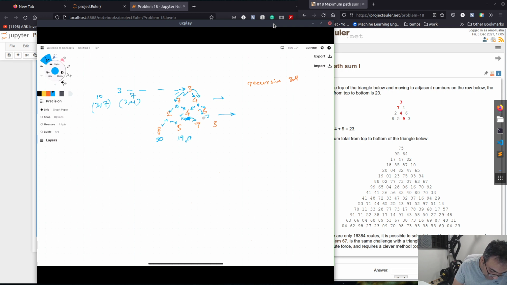This one can come down from either way, and obviously I'm going to take the highest of this, so that's 14 and 9, 23. So that's the bigger path, and this will come down over here, that's 16, and we don't care about this. So that's the general way of solving this problem.